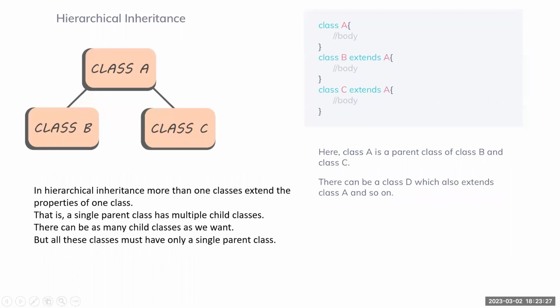Now it is hierarchical inheritance. Hierarchical inheritance will have only one super class, that means only one parent class, and this parent class can be used in different ways.